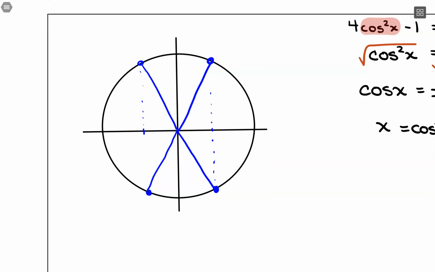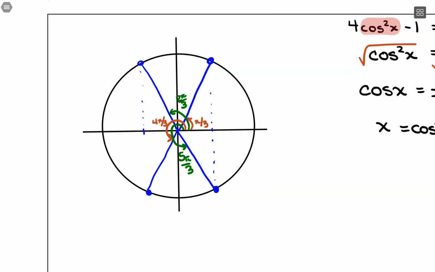So let's go ahead and see these angle measurements. We have this angle of pi over 3, this angle of 2 pi over 3, this angle of 4 pi over 3, and our last one here, running out of space, 5 pi over 3.